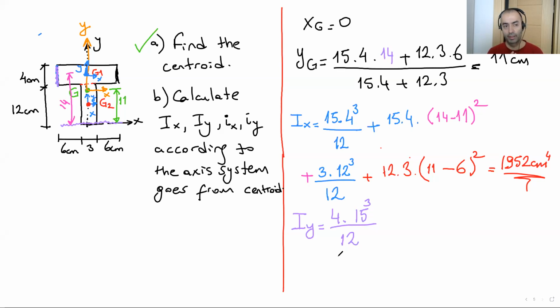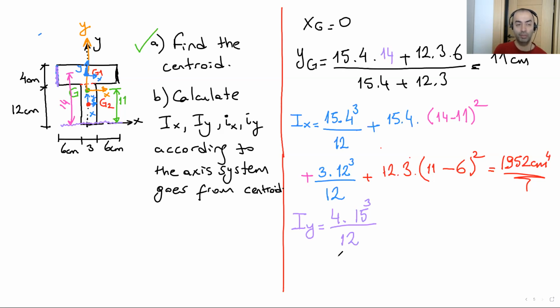When we look at the sketch, you can see the local y-axis and the global one coincide. One is on top of the other, on the same line. So here we don't have to transfer any moment of inertia, because we are already on the global y-axis.